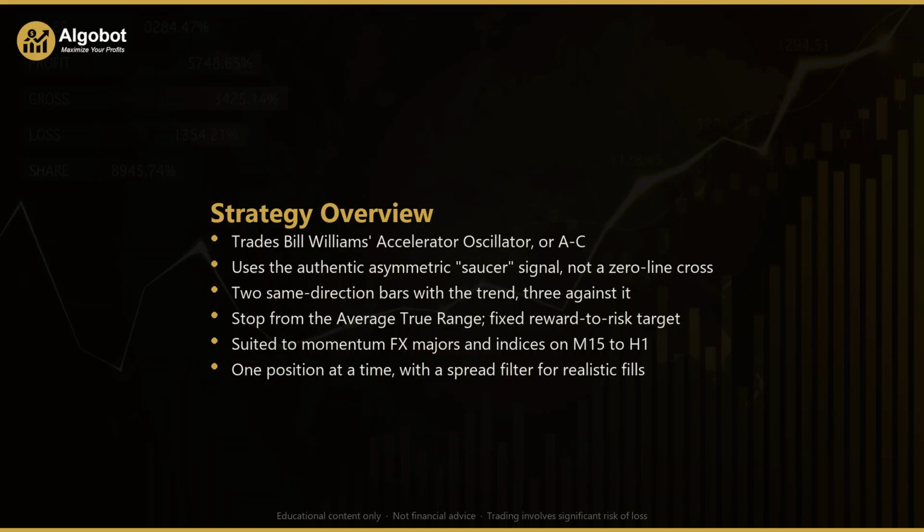Risk is handled with the average true range. The stop is placed a set multiple of the average true range beyond the signal bar's extreme, and the take profit is a fixed reward to risk multiple of that stop distance. The expert advisor holds only one position at a time for its magic number, and a spread filter blocks entries when the spread is too wide, keeping the simulated fills realistic.